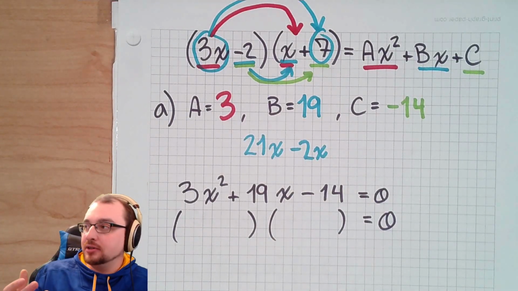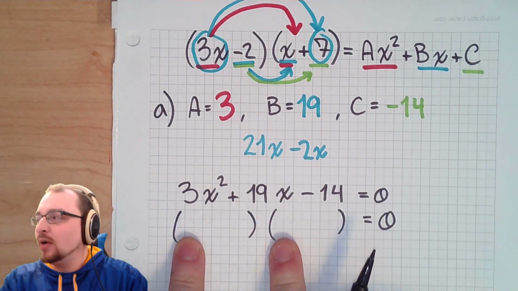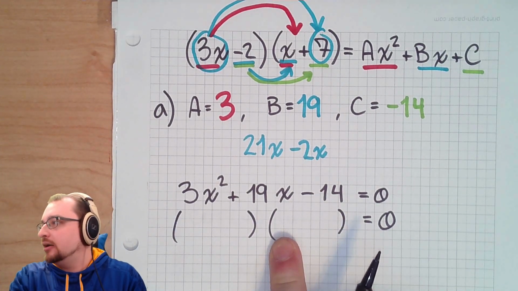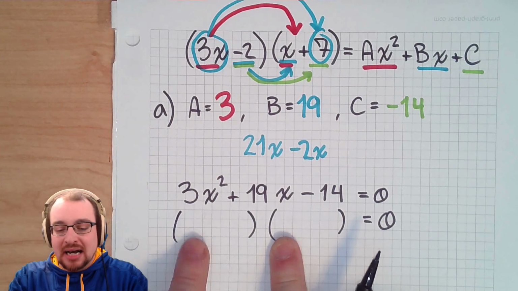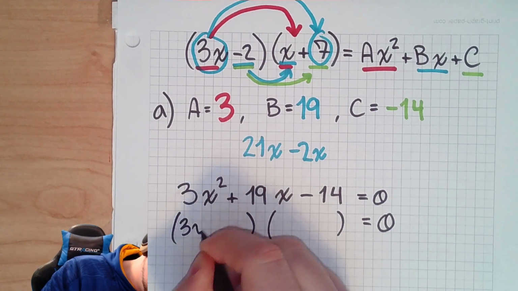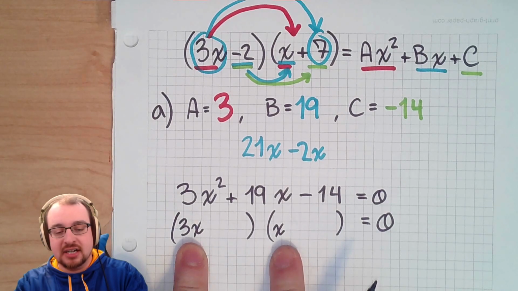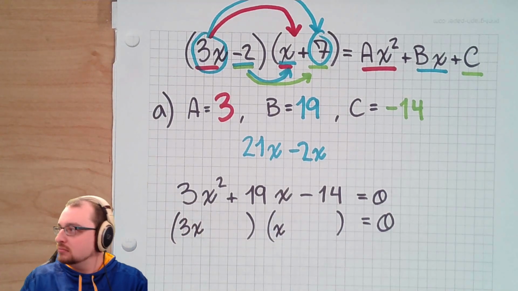But if we wanted to factor this, what we would do is think, what numbers go here? Normally, we put x and x to get x squared, but x times x gets us x squared, not 3x squared. So we're going to need this. 3 times x is going to get us that 3x squared.